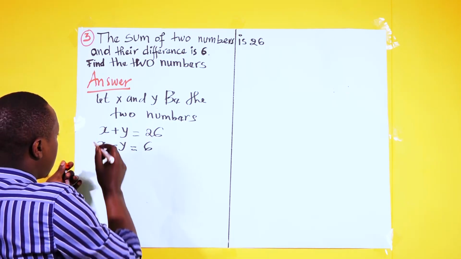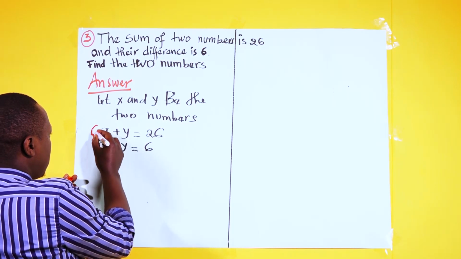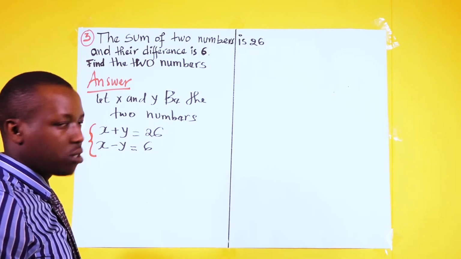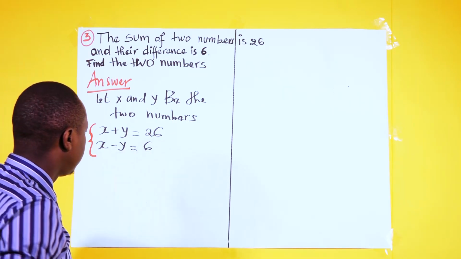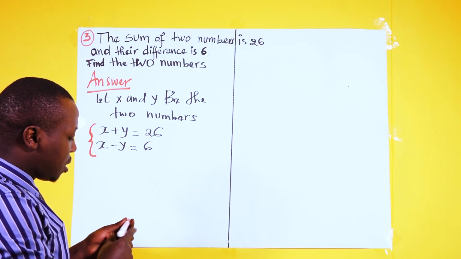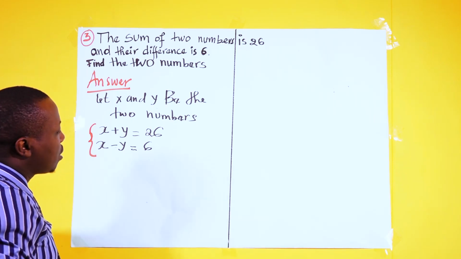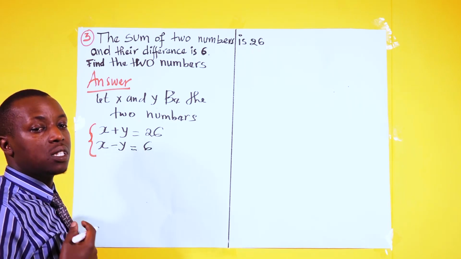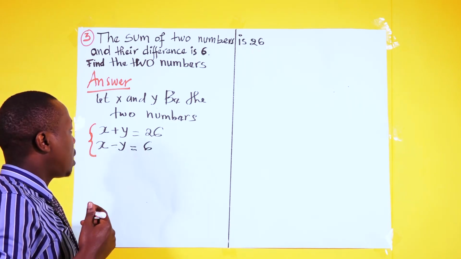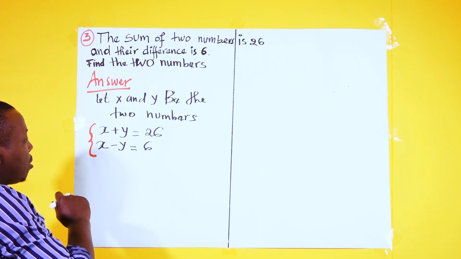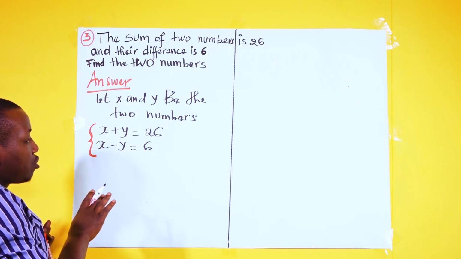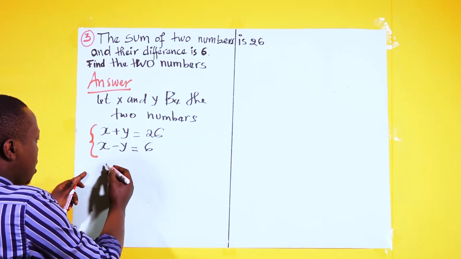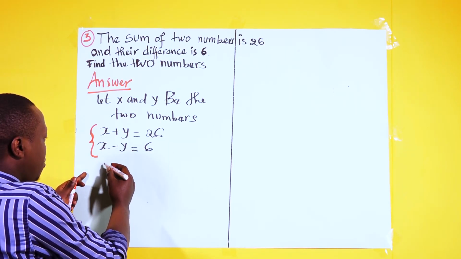This is our system of simultaneous linear equations, right? We have seen two methods of solving such a system, substitution or elimination. Now we are going to use Cramer's rule. How? Let's set this up in terms of a matrix.